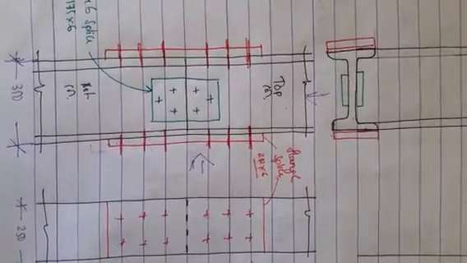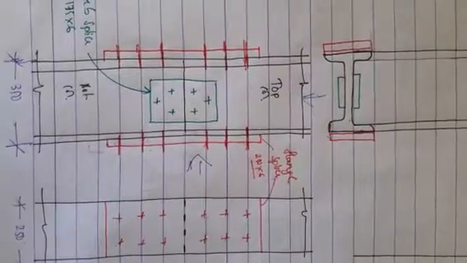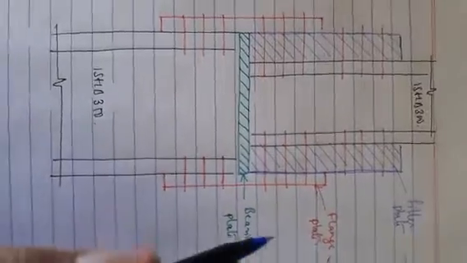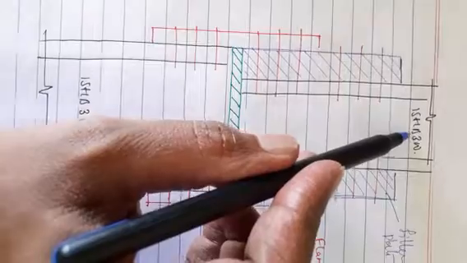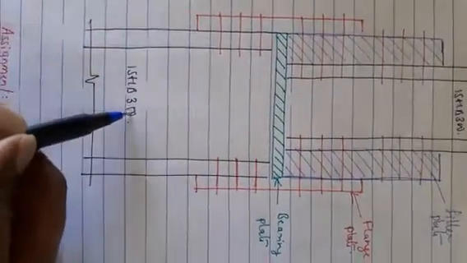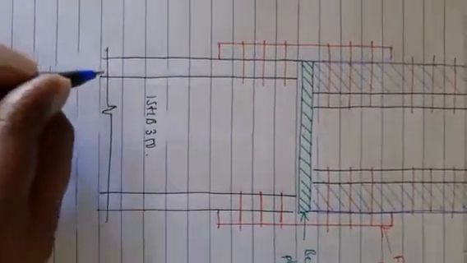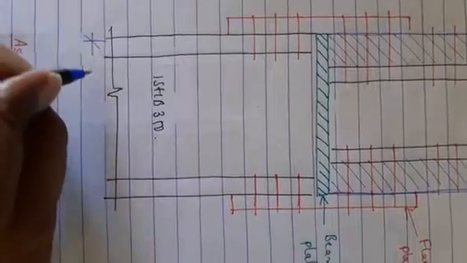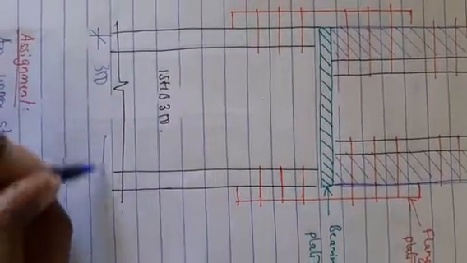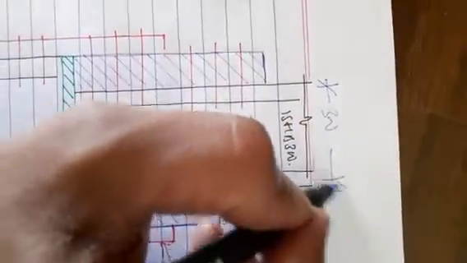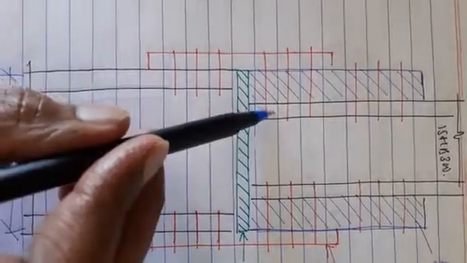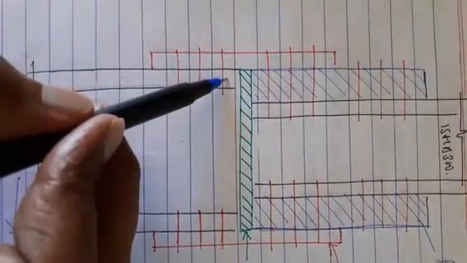Now let us look at different size columns. This is the case of two columns of different size. This column is ISHB 300, this column is ISHB 350. So this dimension will be 350 and this will be 300. Hence, the flange of this column will not match with the flange of this.